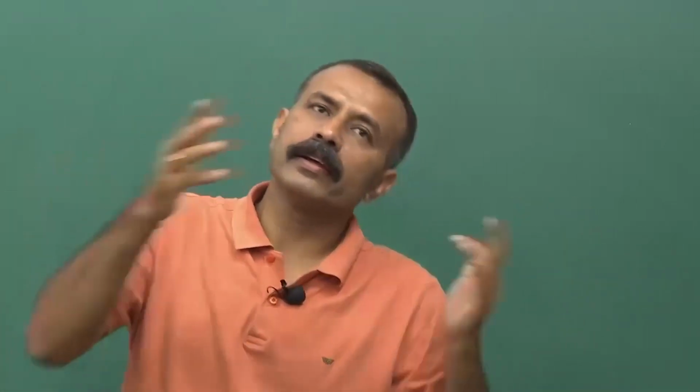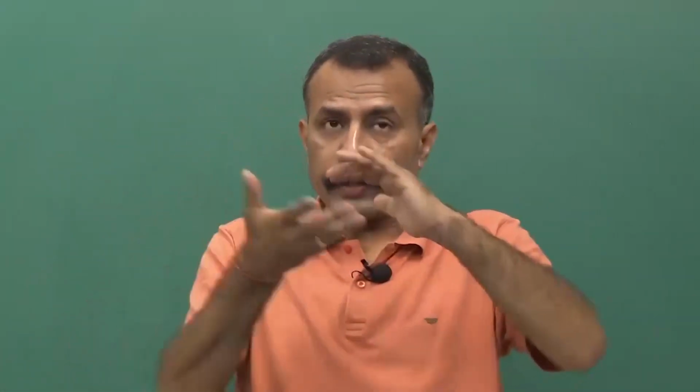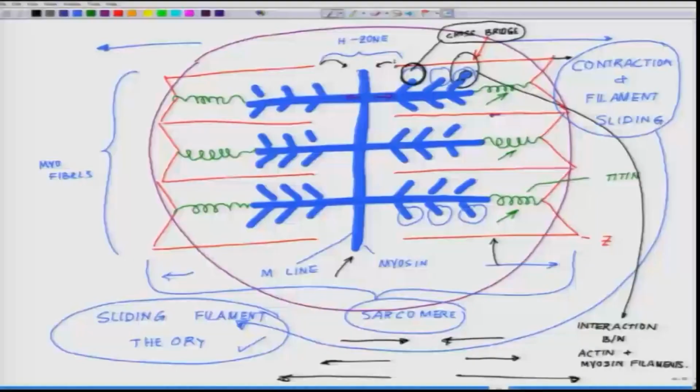So, 3 is somewhere in between 5 and 2, right. So, there is a change in length of the sarcomere. When they come too close, maximum interaction between the cross bridges, and cross bridge is essentially this area out here.